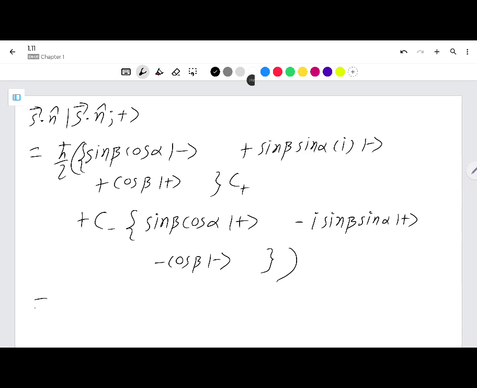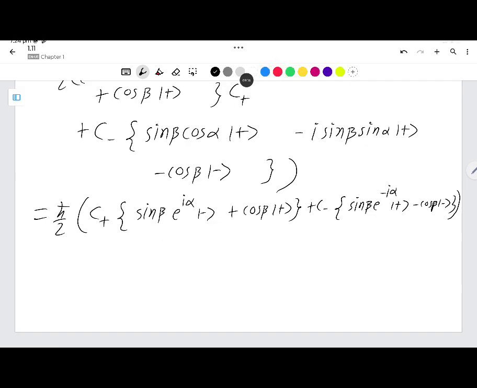So how do we write this? If we put together only the plus terms, what do we get?